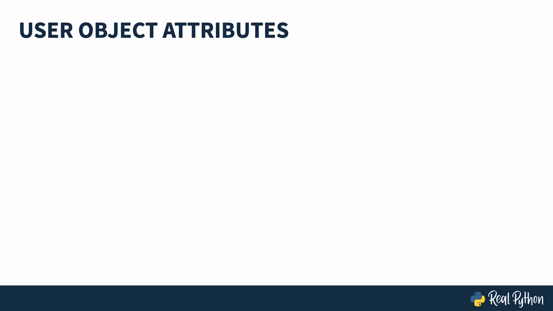All user objects, including anonymous user, have some attributes that give you more information about the user. To see how these work, add the following code to core views.py.